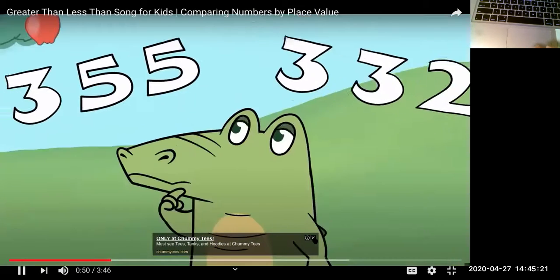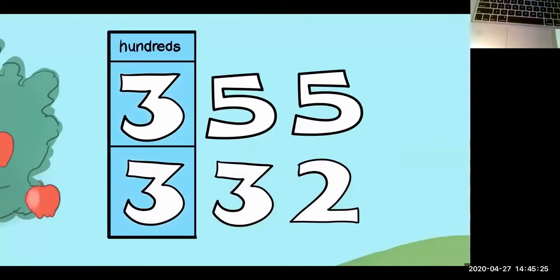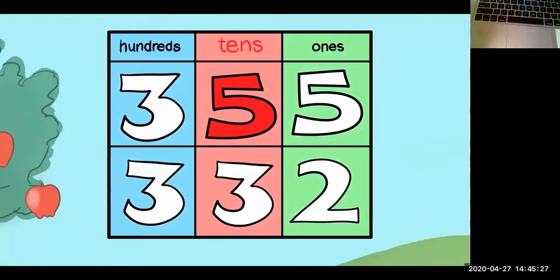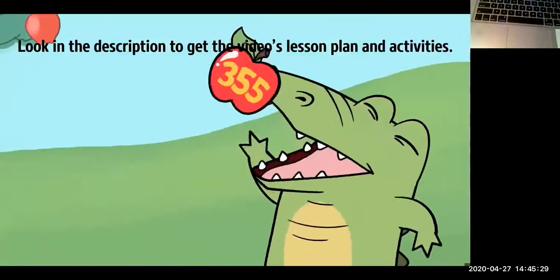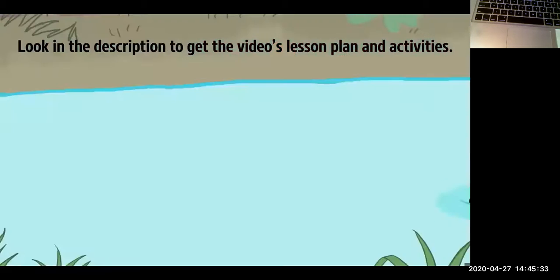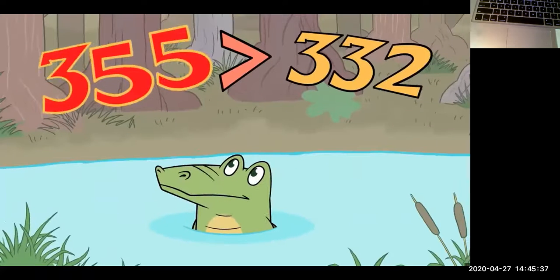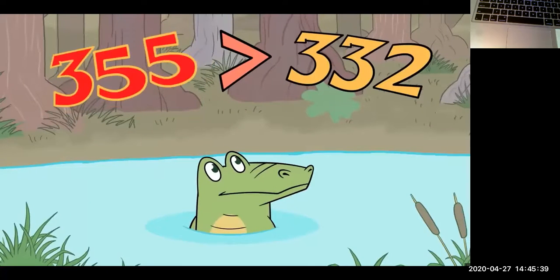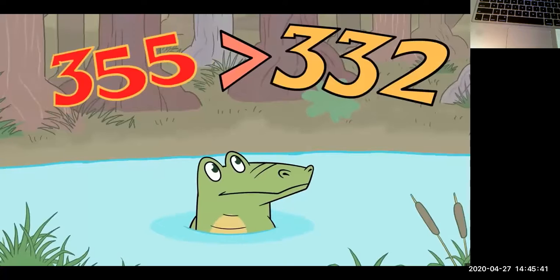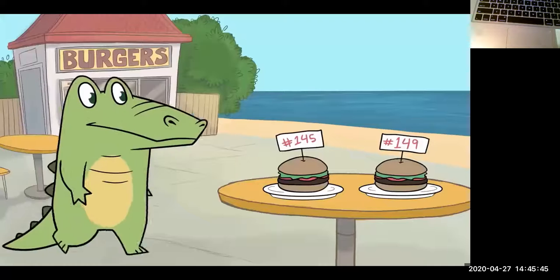The gator needs to eat the one with the greater value. He looks at the place values from left to right. Five's the greatest tens place, so he takes a big bite. It's the number that's greater. The number that's least is never part of his feast.